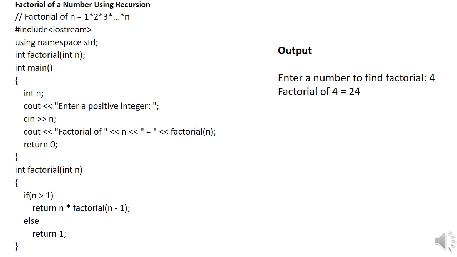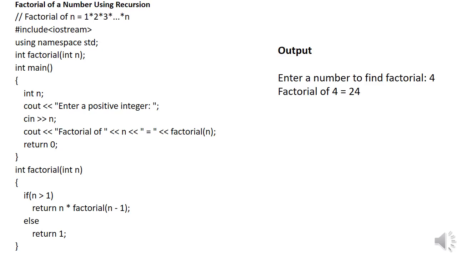Then it will return 4 into factorial of n minus 1, that is factorial of 3, since n minus 1 is 4 minus 1, that is 3. So here the function factorial is calling itself again by passing the value 3. So factorial of 3 will be called inside the factorial function.